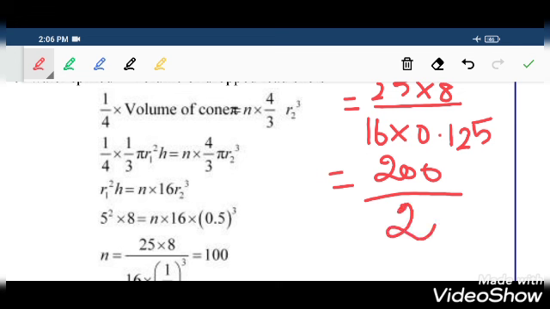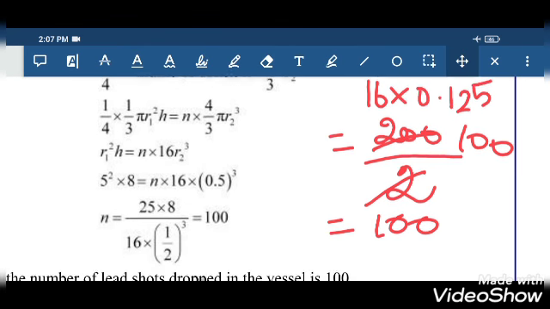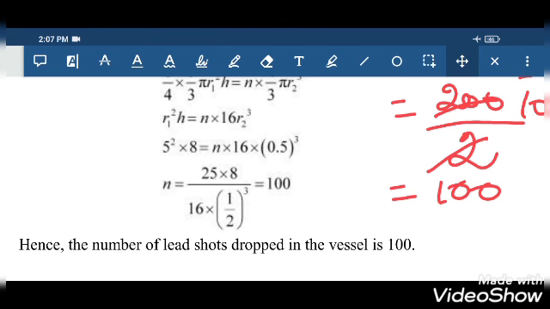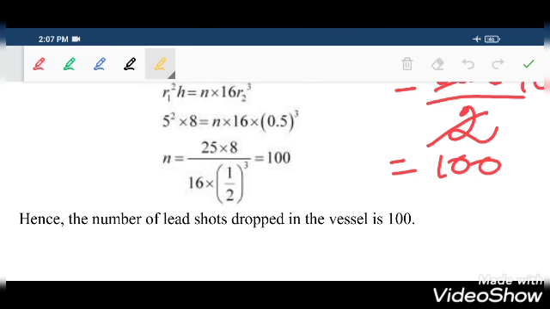Now cancel, 1 2 is 2, 100. So the total number of lead shot is equal to 100. The number of lead shot dropped in the vessel is 100.